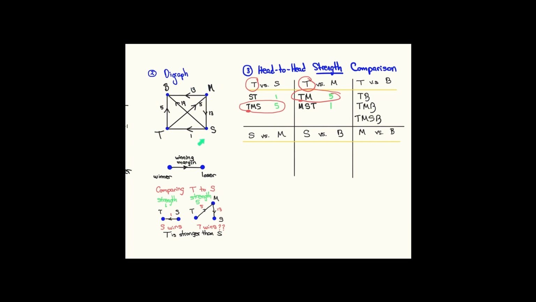Now look carefully at the graph and convince yourselves that there is no other path that goes from T to B. To compute the strengths, we look at each of the paths.